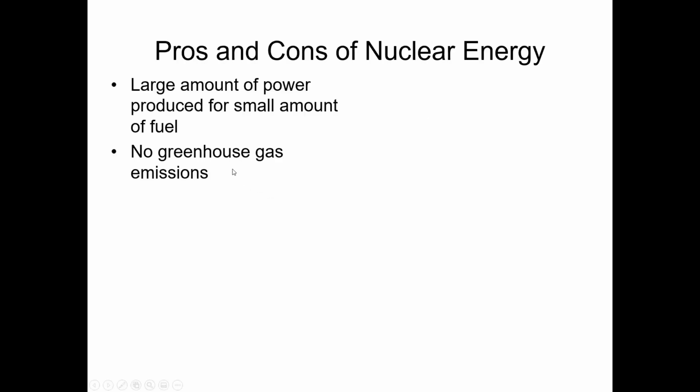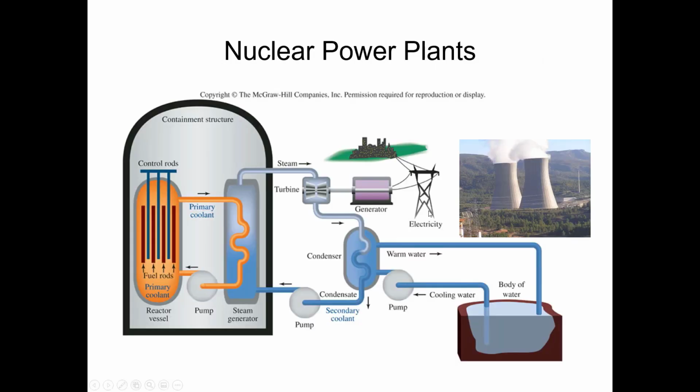Another advantage is that there are no greenhouse gas emissions. So if we go back to this setup, you can see that everything stays contained right here, all right? So yes, eventually the fuel rods are converting into other radioactive byproducts, but none of those are carbon dioxide, so that's good. And yes, you're generating steam, but eventually that steam condenses back down to water. And you might have seen in these cooling towers over here, yes, there's always this stuff coming out of it.